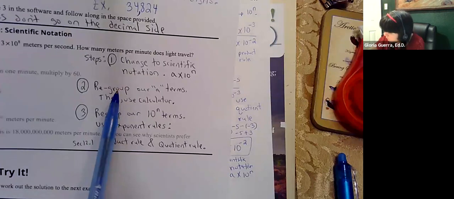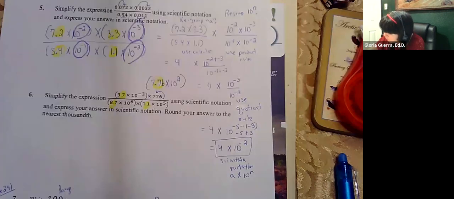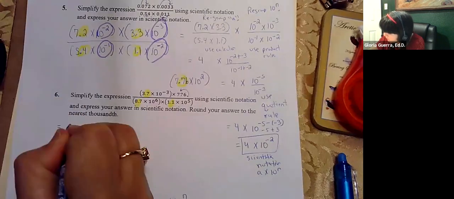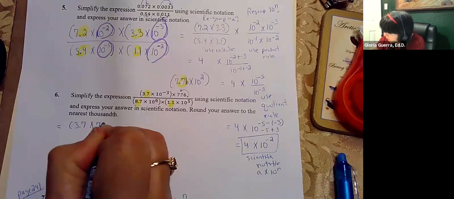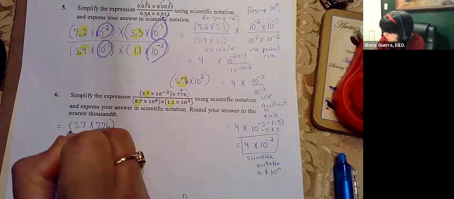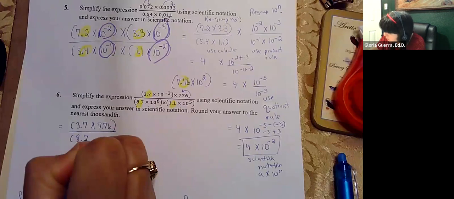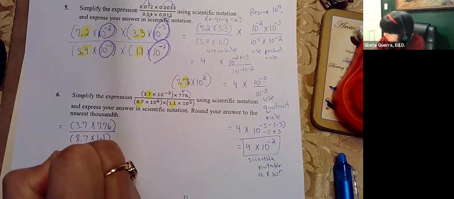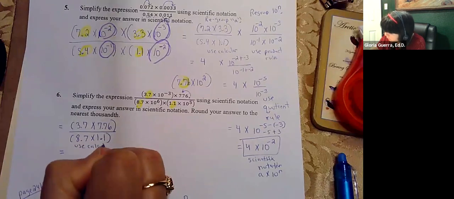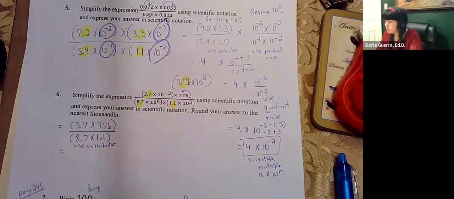So I'm going to have 3.7 times 7.76 all over 8.7 times 1.1. And we're going to use our calculator on that.